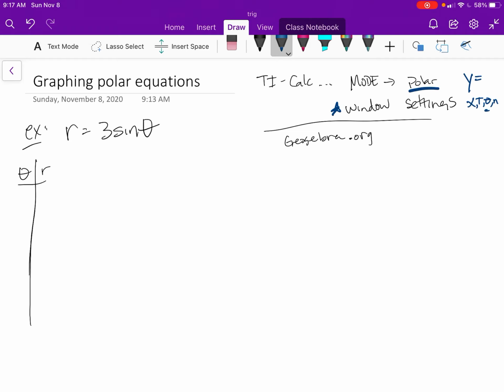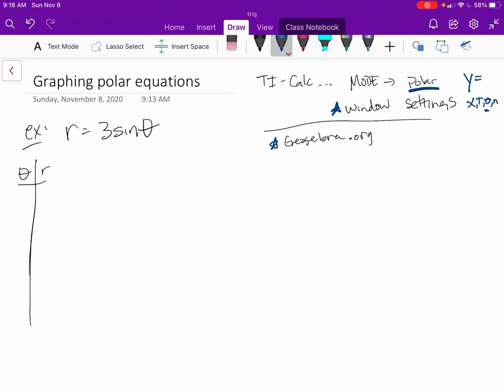Usually don't change them, you'll be all right, but if you have troubles, you could Google how to change these settings as well. I'm not going to explain it in this video. I think geogebra.org also does a very good job, and there's minimal interaction you have to do in there. So we will explore an example with GeoGebra.